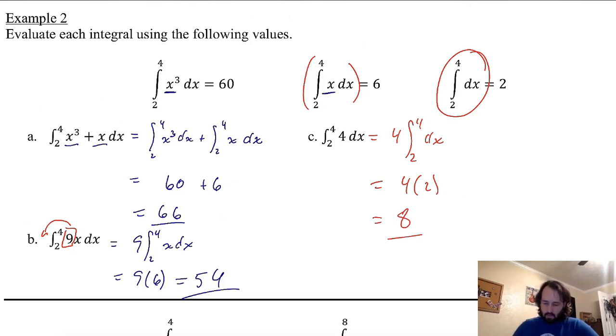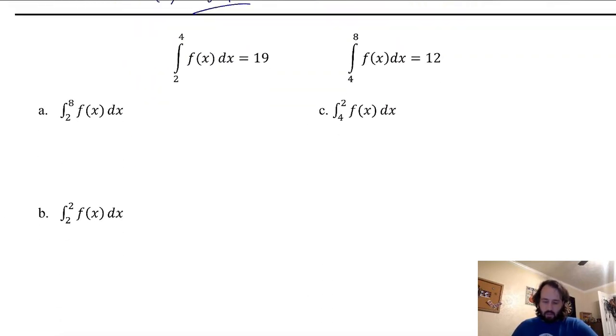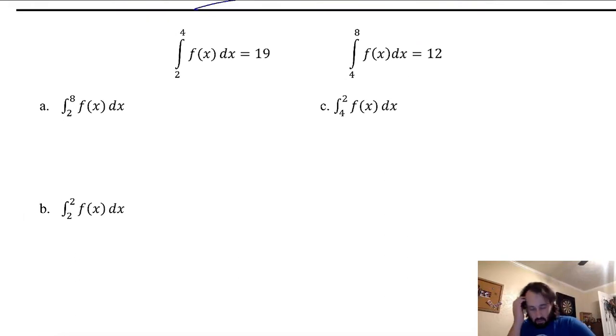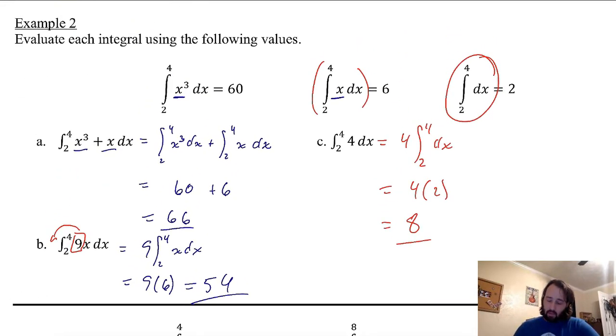And that's it. I cannot multiply functions together. That is a no-no. That'll be something that you learn in the first part of BC. So like if I had the integral of x cubed times x dx, that is not as easy as just doing 60 times 6. So this is not equal to that.